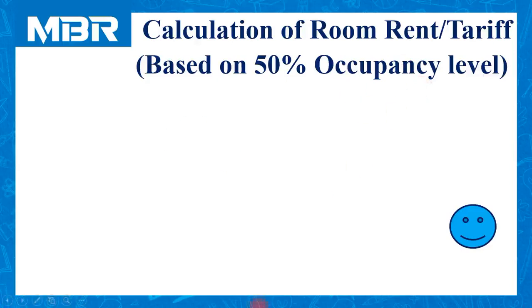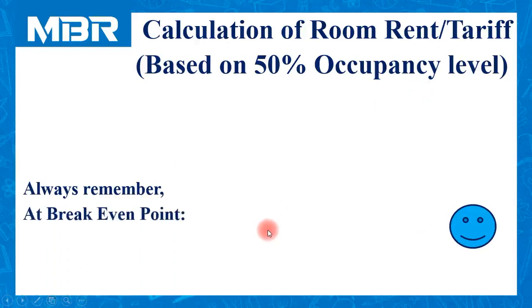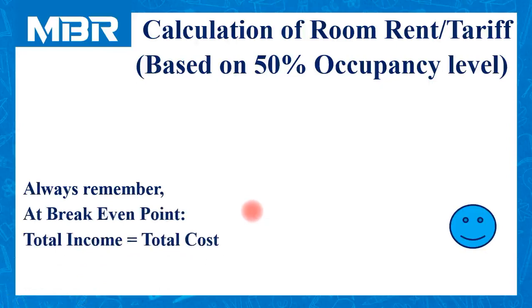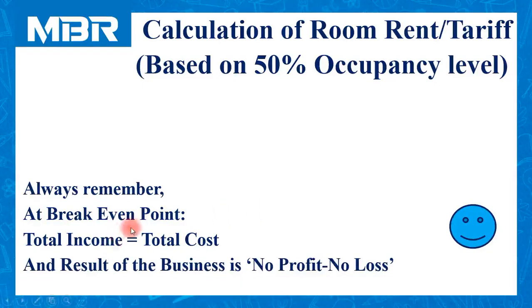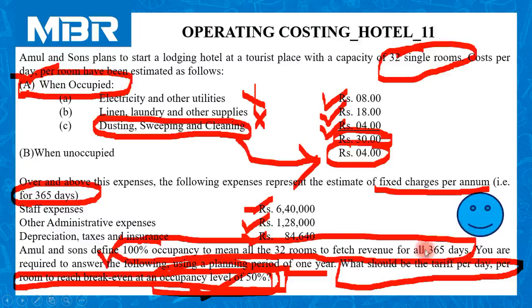Now, as per the requirement of the question, we have to calculate room rent or tariff based on 50% occupancy level. As we all know that break-even point is equal to what? Break-even point is the point where total income or total revenue and total cost remain same, and result of the business is no profit, no loss. This information is clearly given to us by the examiner.